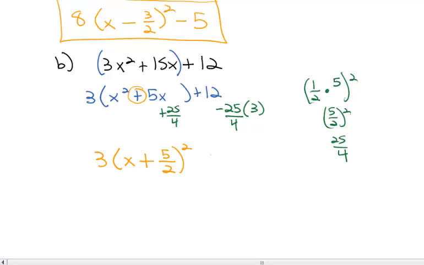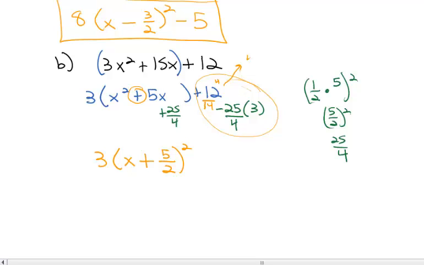Now we're going to have to do a little bit more work to evaluate this mess over here on the side. First, in order to subtract, we're going to need a common denominator. Right now that 12 is over 1, so we're going to have to multiply by 4 over 4.